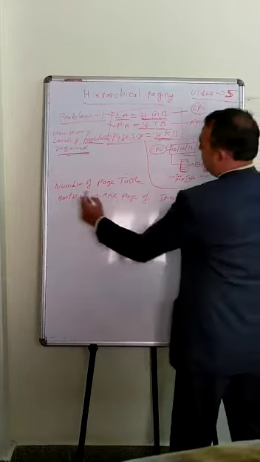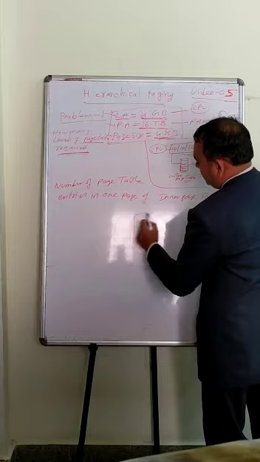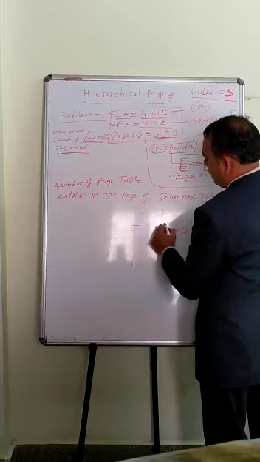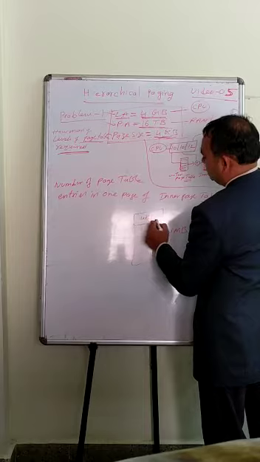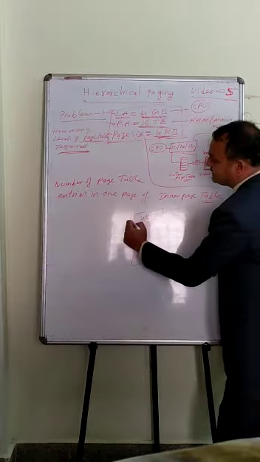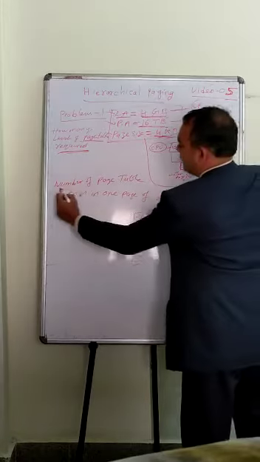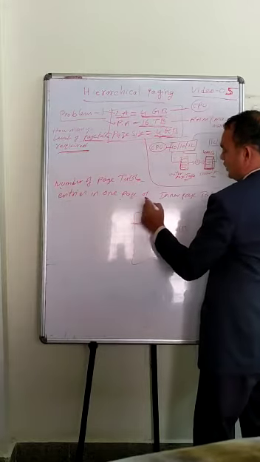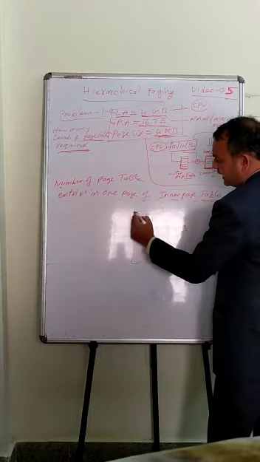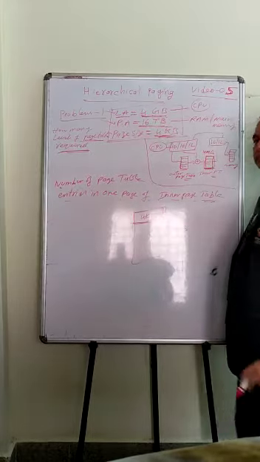What does this mean? Inner is 4 MB, one page is 4 KB. This is the inner page table. In one page, how many entries?